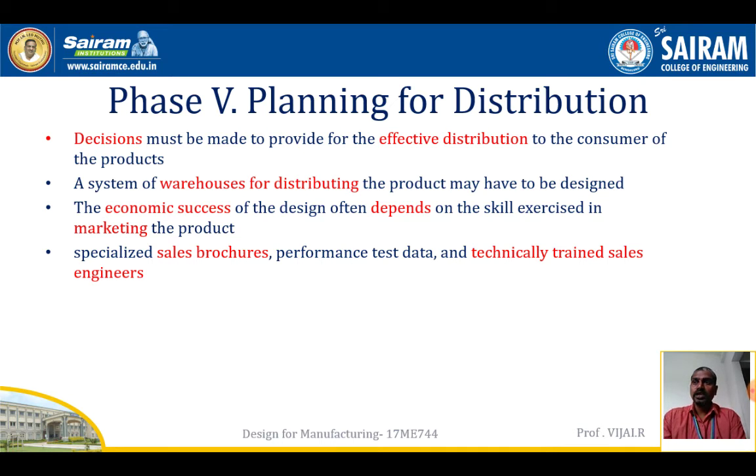Sales and marketing people are very important here. We need technically trained sales engineers, and our component sales brochures should be there before reaching the customers, so that it can reach the customer easily.